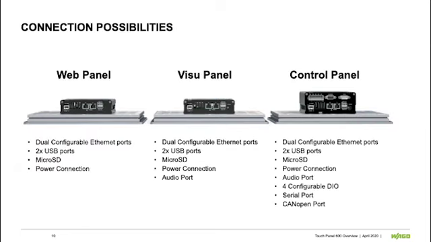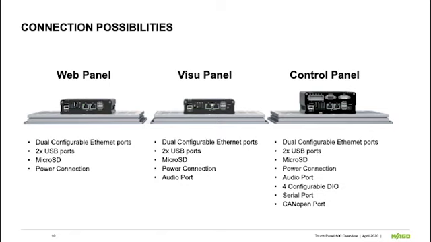Users need to connect to all different types of equipment, and the TouchPanel 600s can offer the flexibility you need for your applications. The web panel has 2 configurable Ethernet ports. That is, they can be configured as either a switched port or a separated port. The visual panel has an additional audio port for operator acoustic feedback.